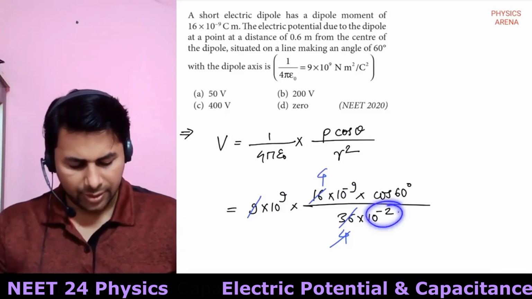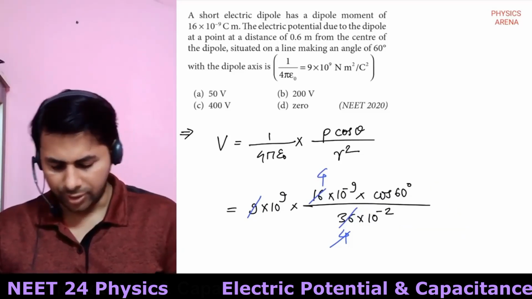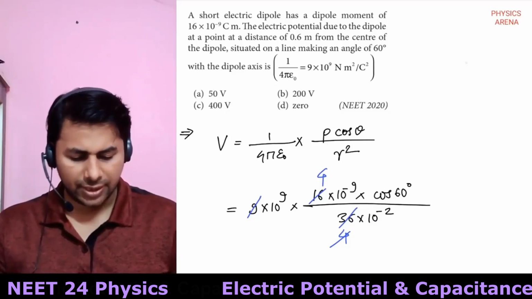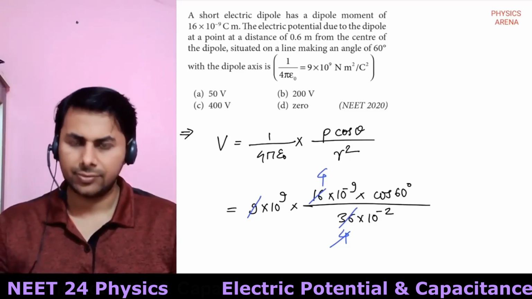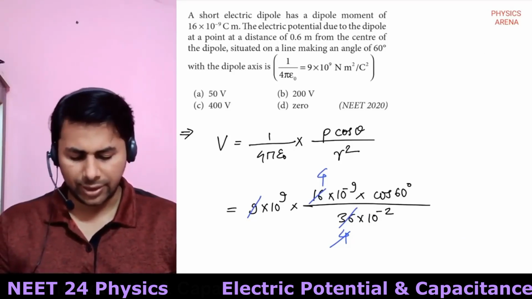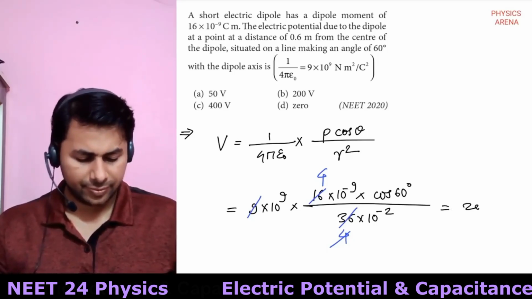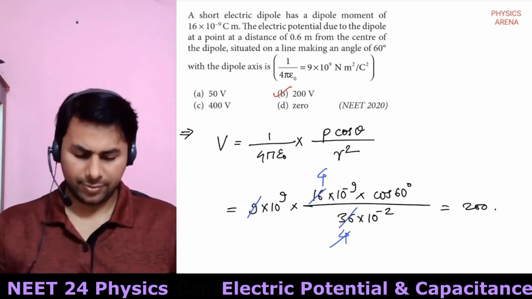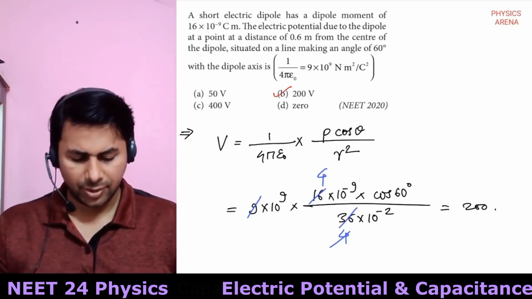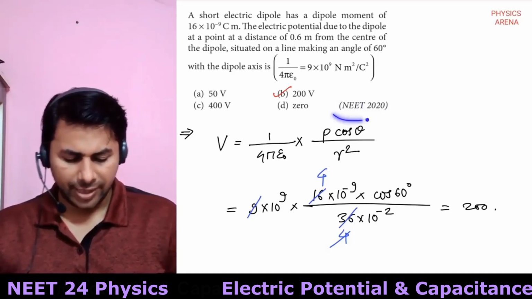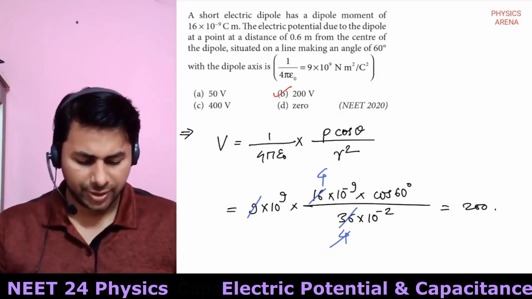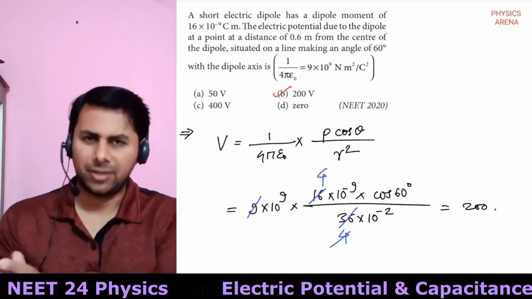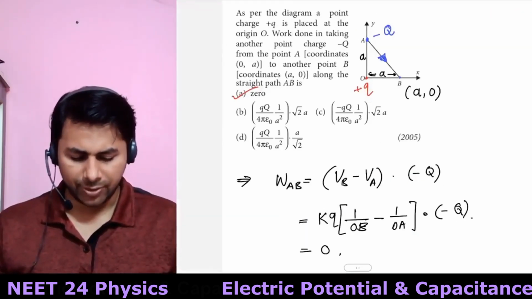This 10 raised to minus 2 goes to the numerator as plus 2. So 400 multiplied by cos 60, which is half, is 2 into 10 raised to 2, 200. So option B, right? This was asked by NTA, NEET 2020, and very simple. Actually, in fact, all questions till now were simple only.